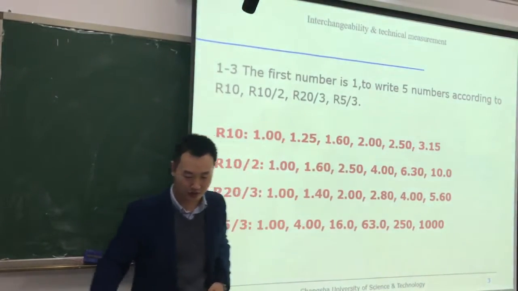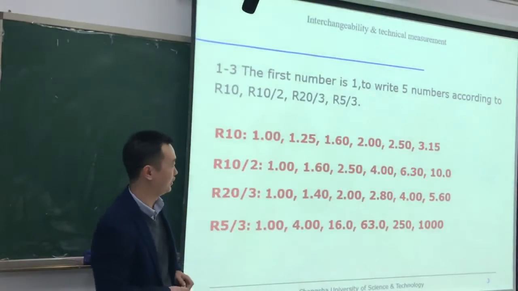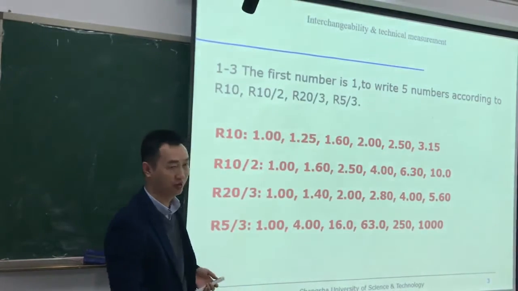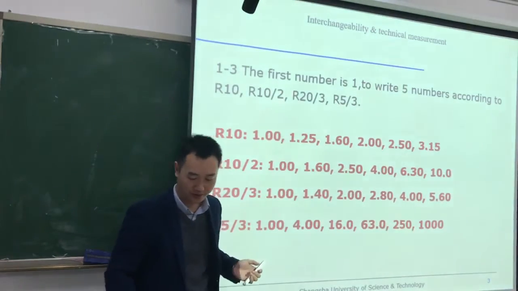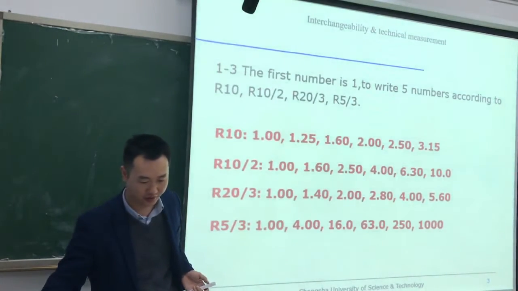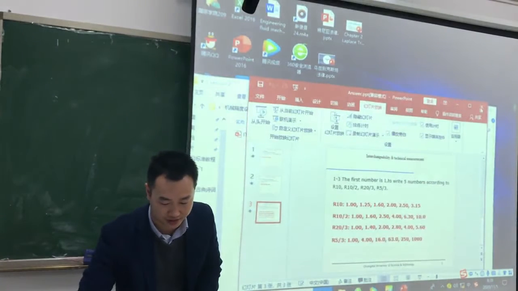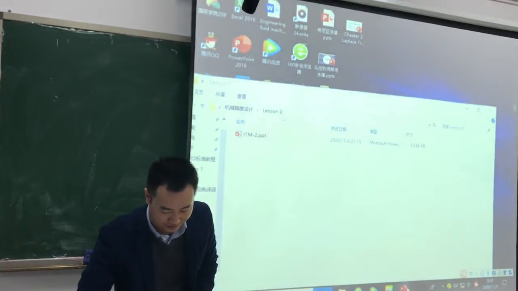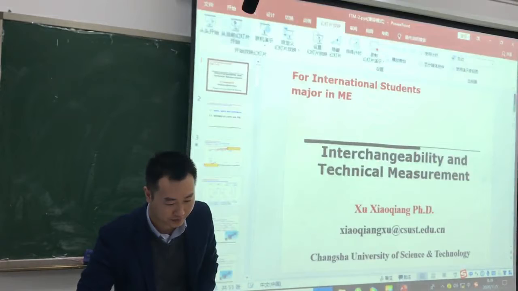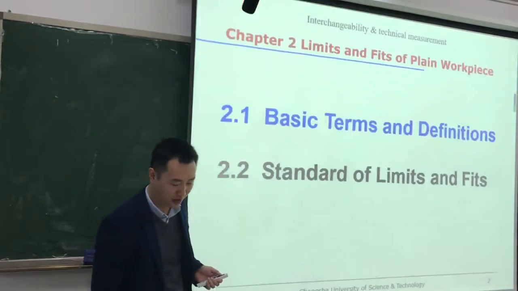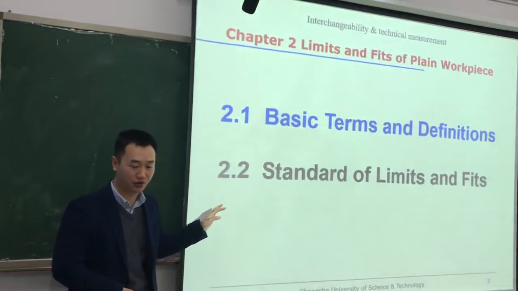So you need to know how to find the answers according to table 1-1. That's the review. Now let's begin our new class. Today we are going to learn chapter 2.